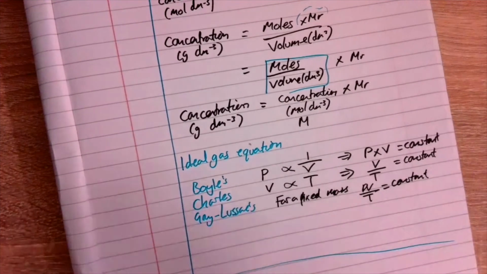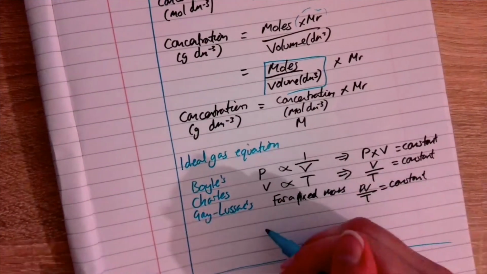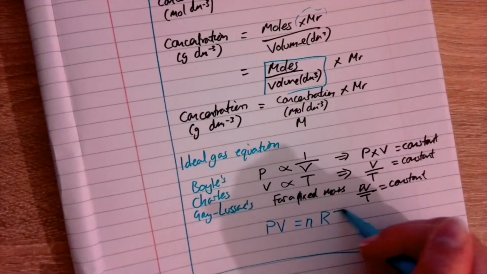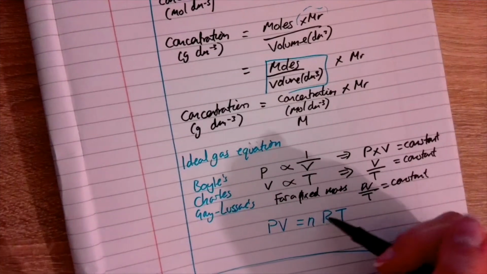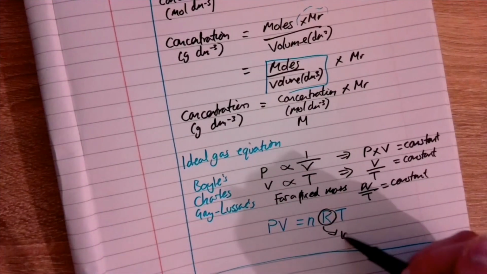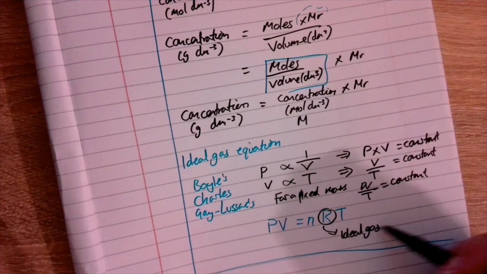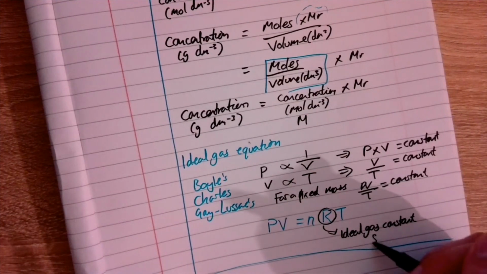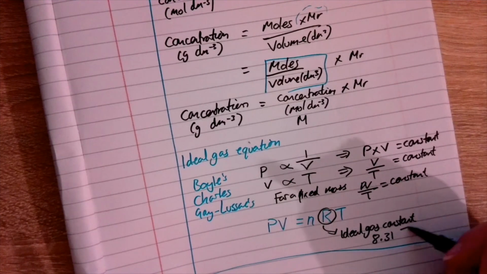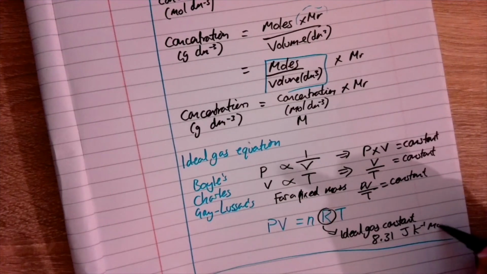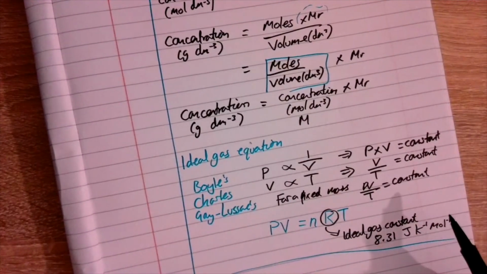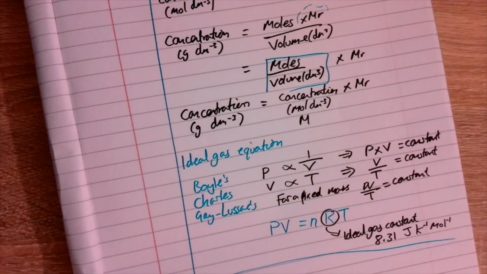And we tie this all together to get our ideal gas equation of PV equals nRT. Now this R is our ideal gas constant, and it's a constant, so it has a constant value of 8.31 joules per Kelvin per mole. Now notice the units here, as they indicate to us the units of some of our other variables.